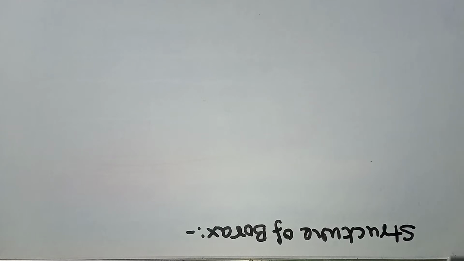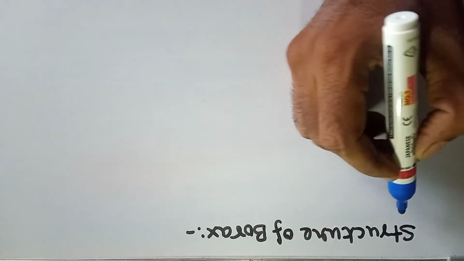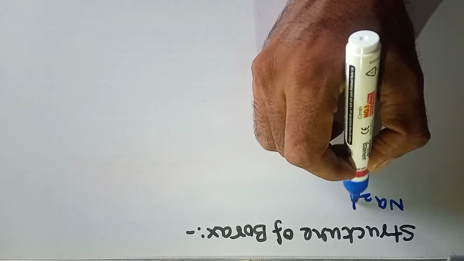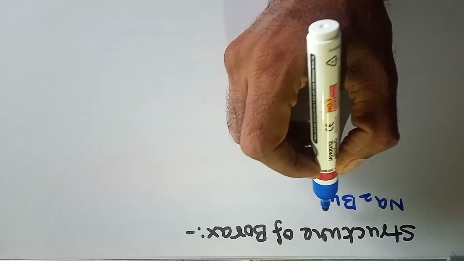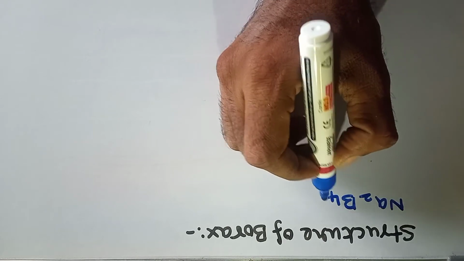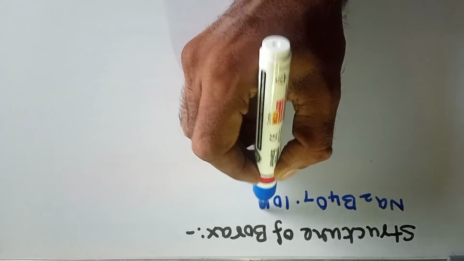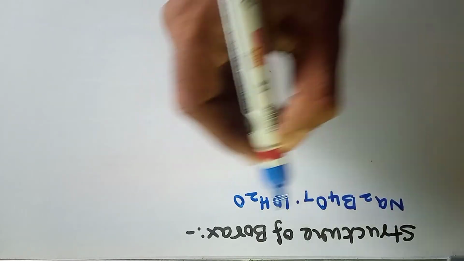Okay, we know that the formula for borax is Na2B4O7·10H2O.